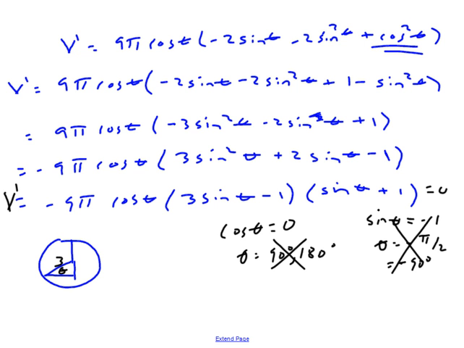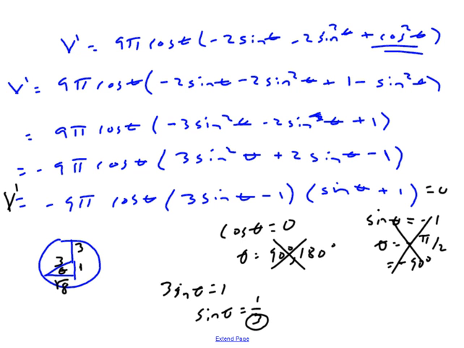So the only one that works is 3 sine theta must equal 1, or sine theta must equal 1 over 3. And given that the radius of the sphere is 3, this value is 3, that means this is 1, and this side here is root 8, and this is 3.